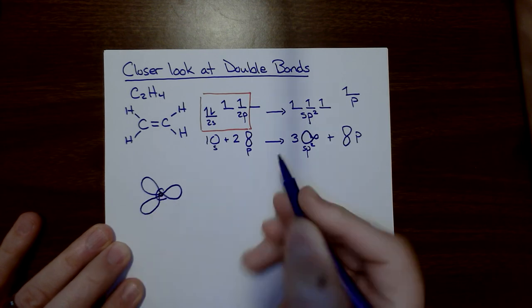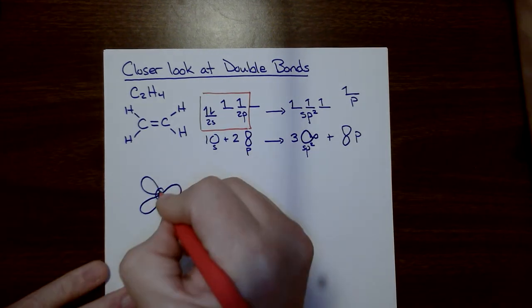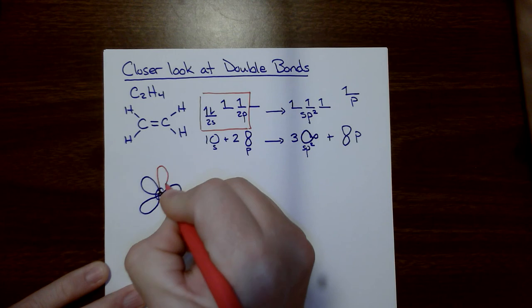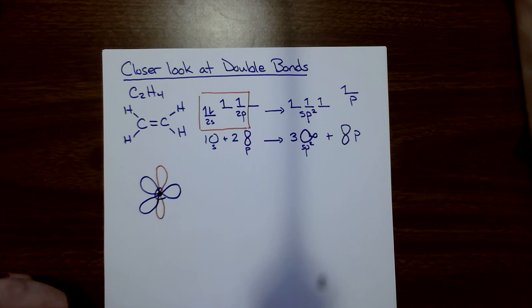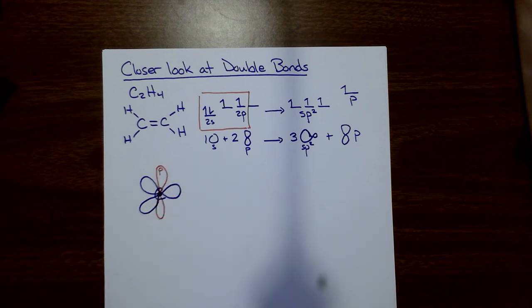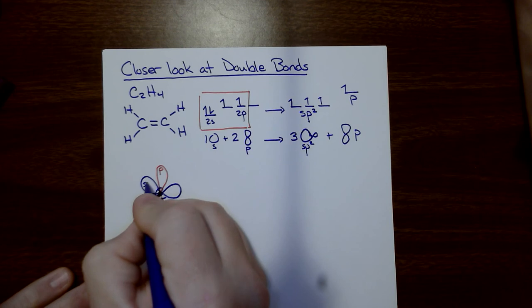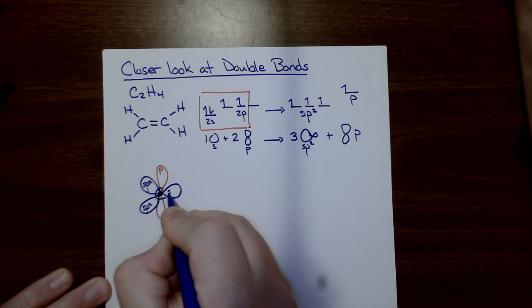And then it also is going to have a p orbital going this way. So that's a p orbital, and then we have sp2, sp2, and an sp2.